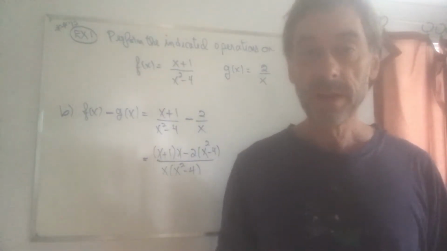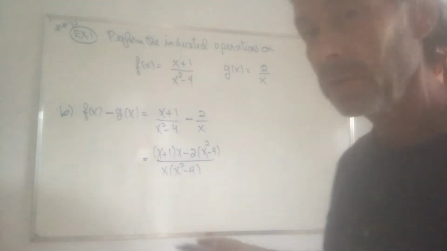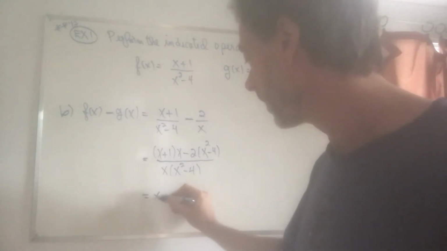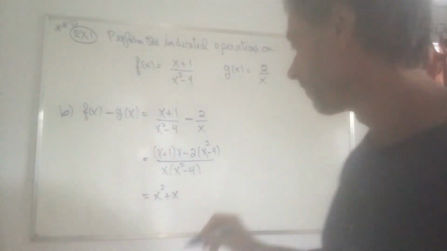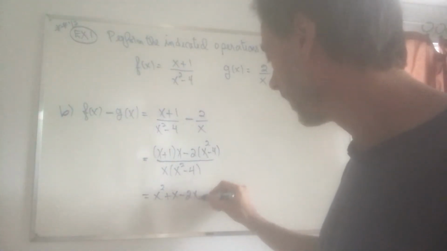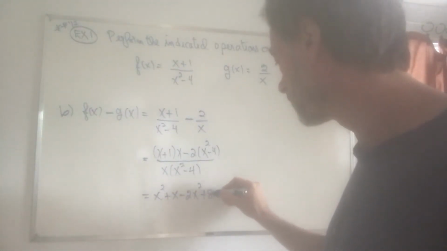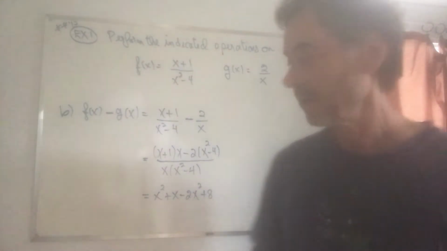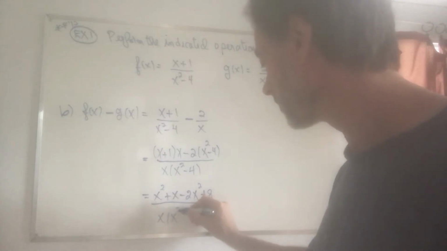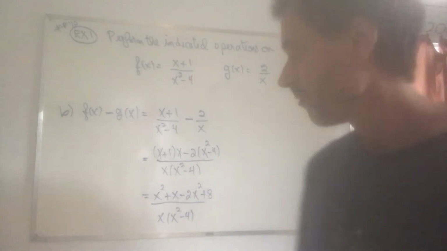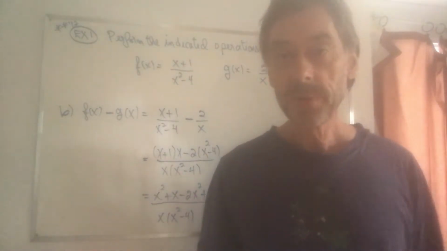And like we did for addition, we FOIL out. So that is x squared plus x for the first bracket, minus 2x squared plus 8 for the second bracket, all over x times x squared minus 4. Collect our like terms, and we're done.